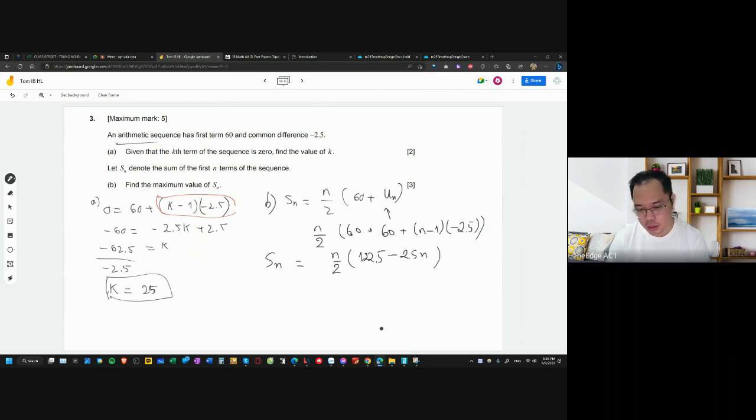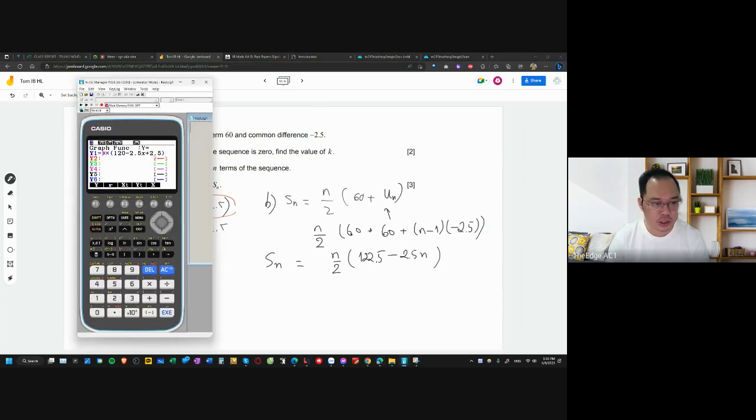This is the function. And then plot it. Oh, we forgot to enter, sorry. n over 2, x over 2, and then times 122.5 minus 2.5x. Enter. And then choose the window.